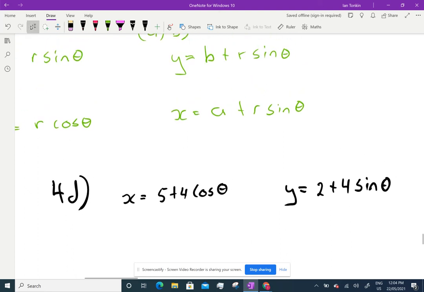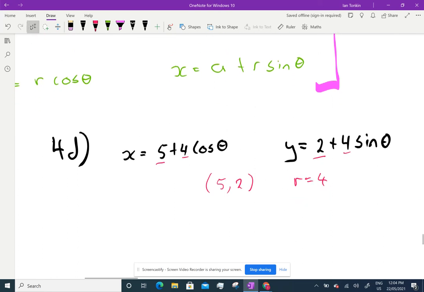Now, if we look above here, you can just jump straight into it. Here's your A, here's your B. So this is a circle with a centre 5, 2. And here's your radius. So R equals 4.